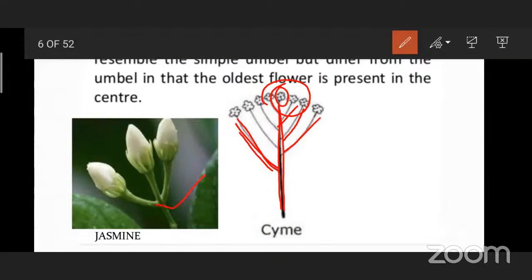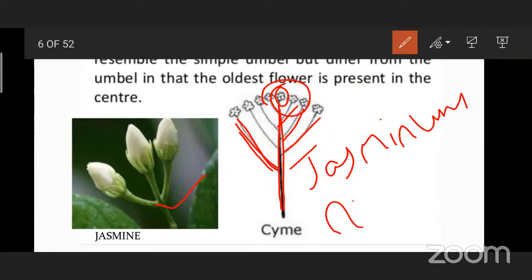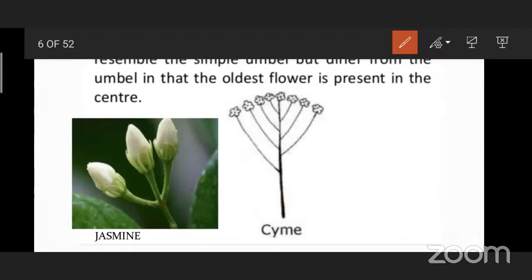Scientific name, Jasminum nudiflorum. See here, this is pedicel.